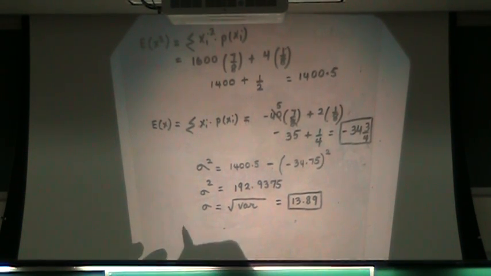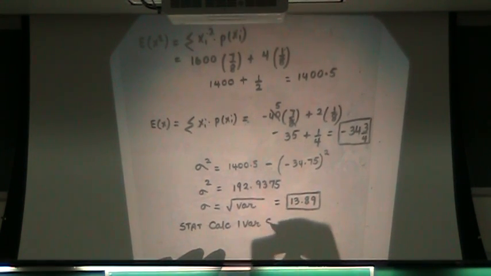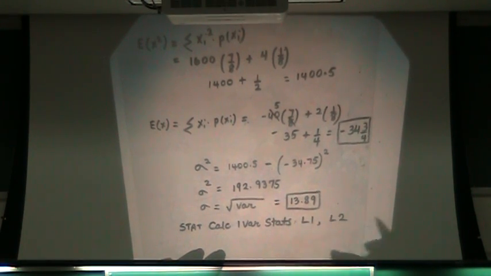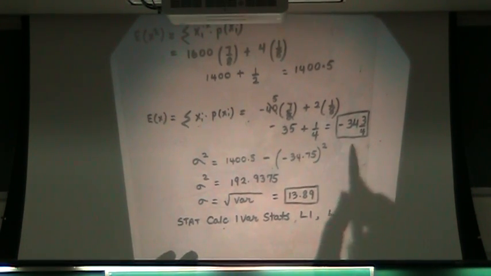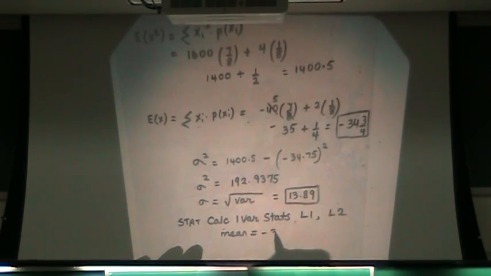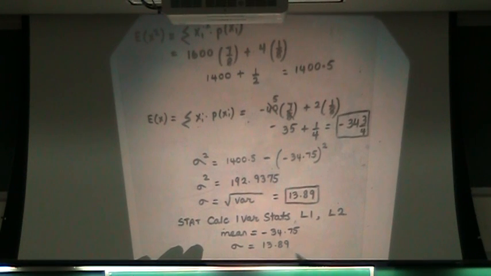Right? So go stat, calc, one variable statistics on L1 comma L2, and it will give you the mean that we got, which is minus 34.75, and it will also give you the sigma, which is 13.89.